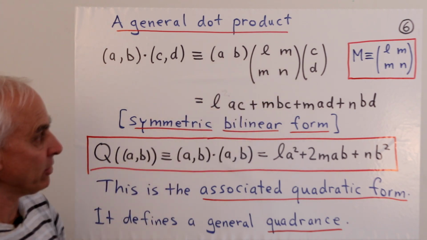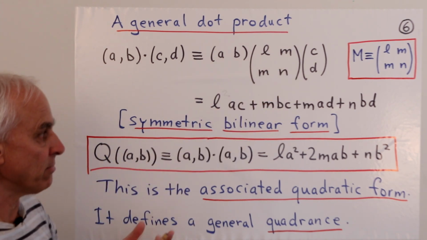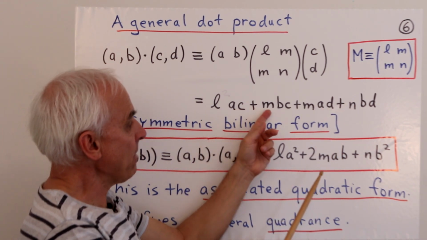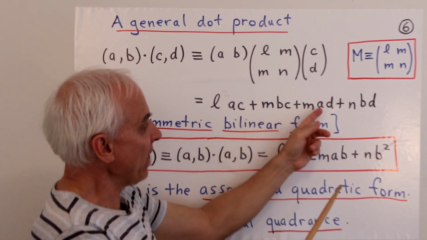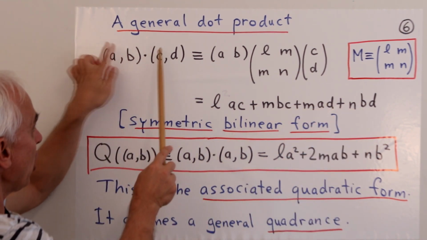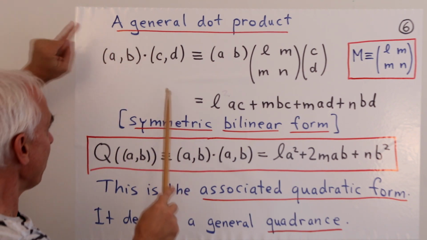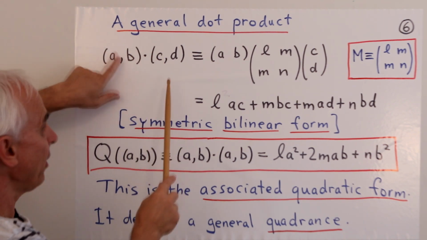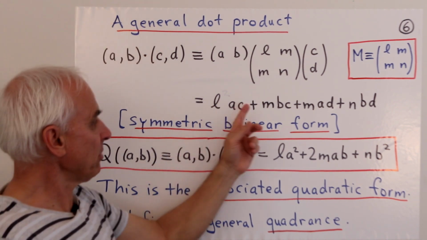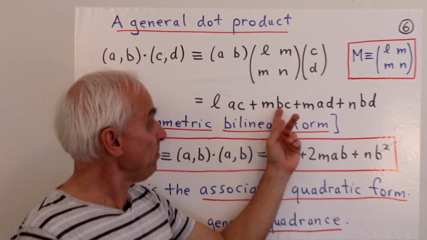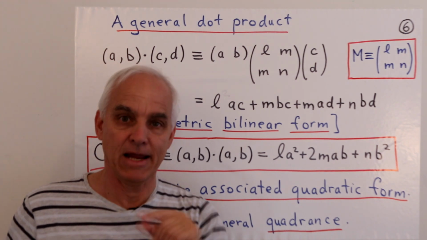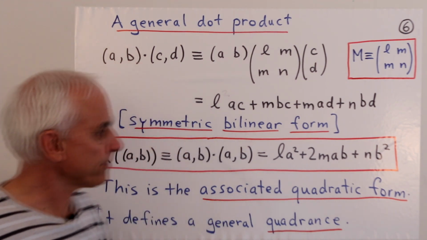When you multiply it out using just basic matrix multiplication, you get the quantity L times AC plus M times BC plus M times AD plus N times BD. So we're taking products of entries, 4 possible products between the elements here and the elements here, 1, 2, 3, 4, and each of those 4 products gets multiplied by a factor, with the BC product and the AD product getting the same number. That's the symmetric condition.